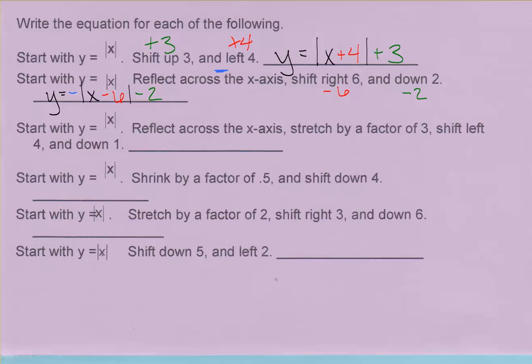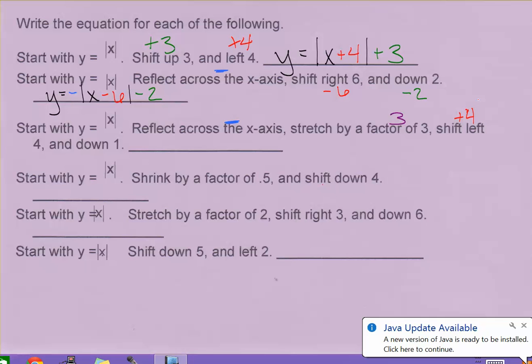For the next one, we're reflecting across the x-axis, so that's still a negative up front. We're going to stretch by a factor of 3, so that means that we're going to put a 3 up front. We're going to shift it left 4, and remember left and right are x's, x's lie, and left means that we're going to add instead of subtract 4. And then you will go down 1.